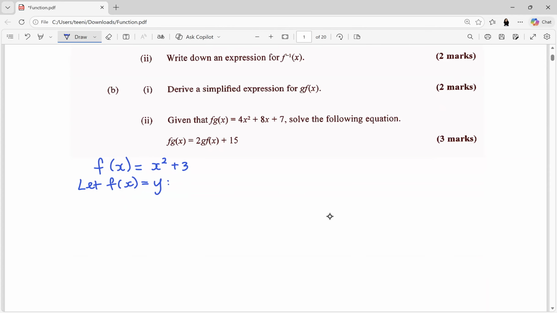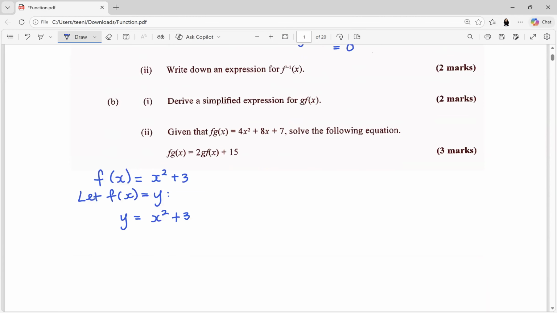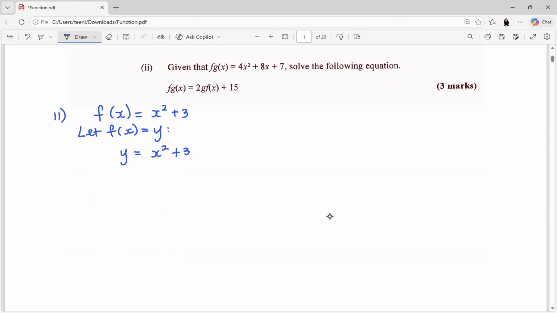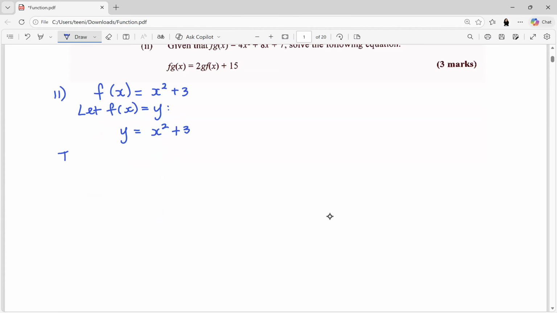So instead of f of x, I would write y is equal to x squared plus 3. And now, this is part 2, I need to interchange x and y.